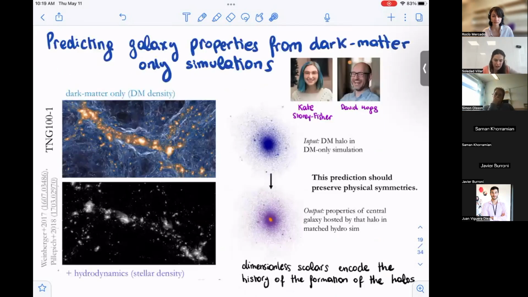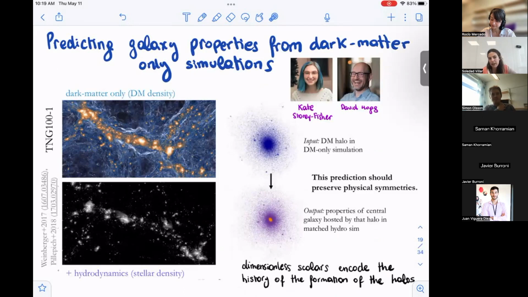I just want to mention that one application of these models is to cosmology. My collaborator David Hogg and his student Kate Story-Fisher have been working on applying these scalar-based regressions to some problems in cosmology.